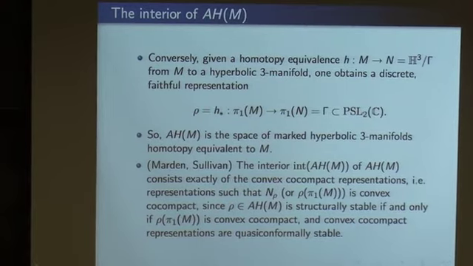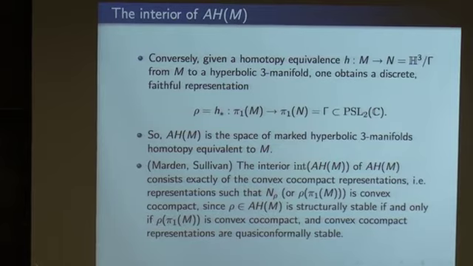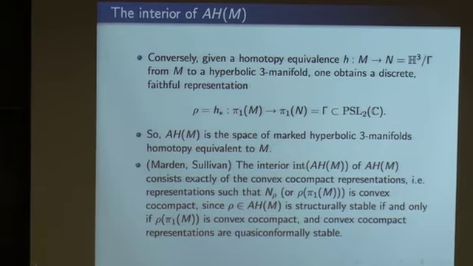Okay, well, on Tuesday we spent a lot of time talking about our 2 results of Marden and Sullivan. One, that convex co-compact representations are quasiconformally stable, meaning if you wiggle them a little bit, they stay quasiconformally conjugate. And also that if you have something which is structurally stable, which means all the representations nearby are injective, then you must have started with something convex co-compact.